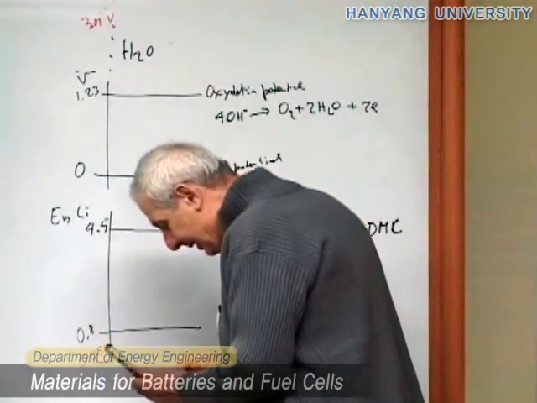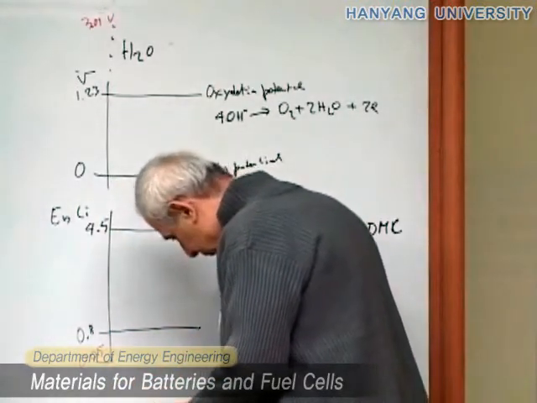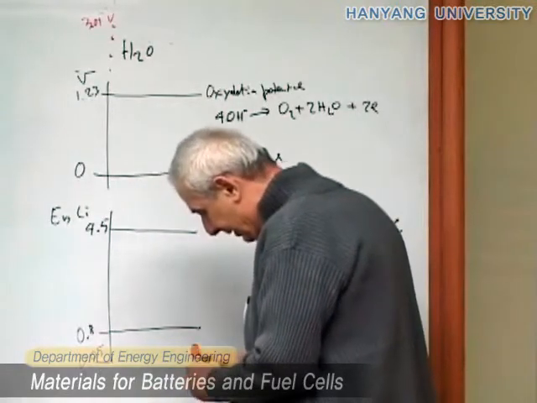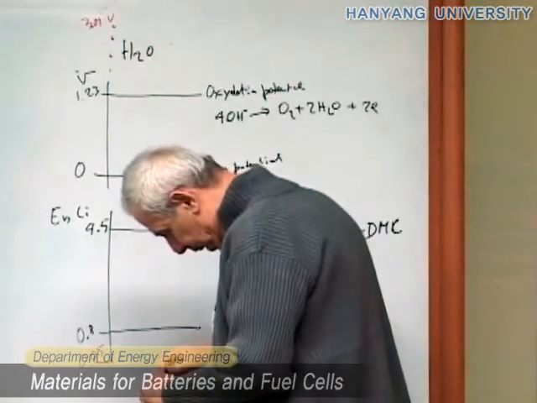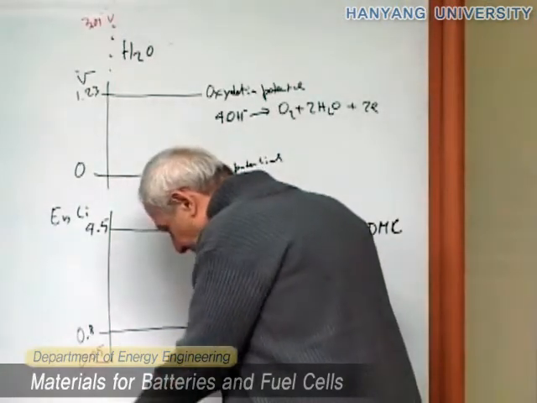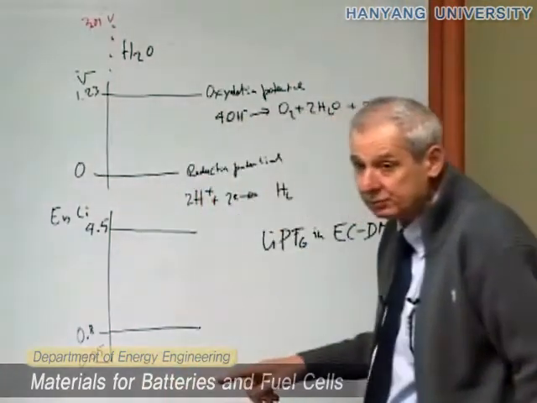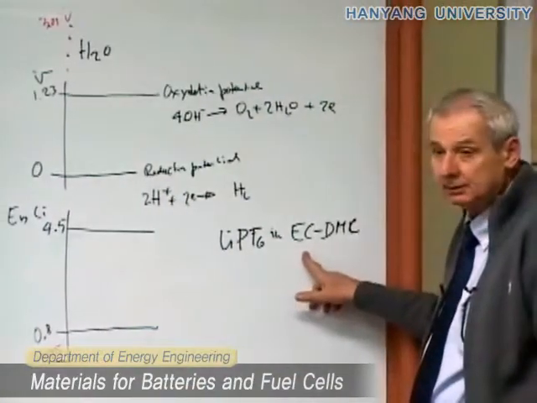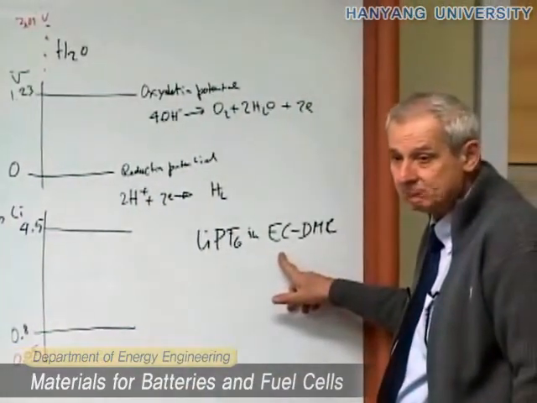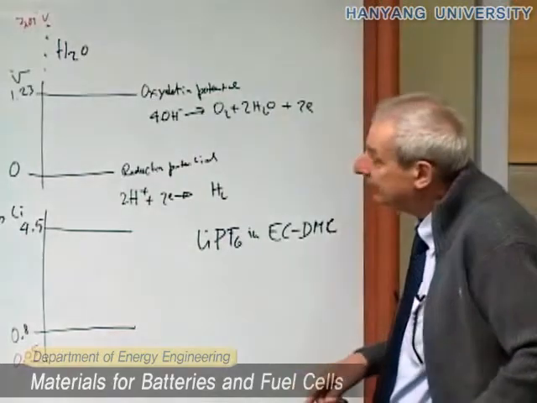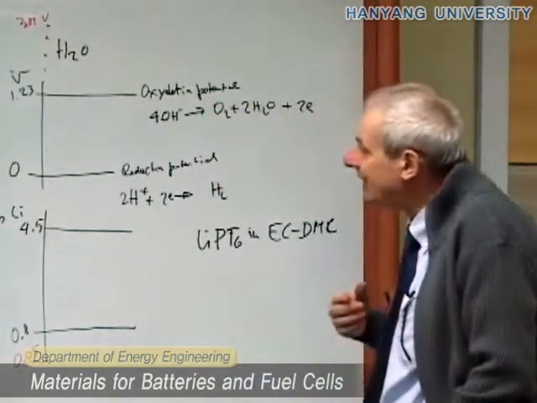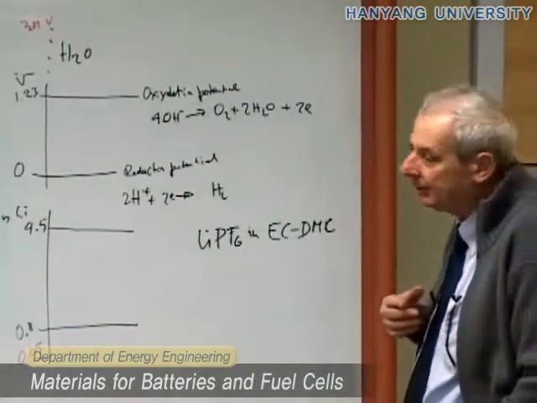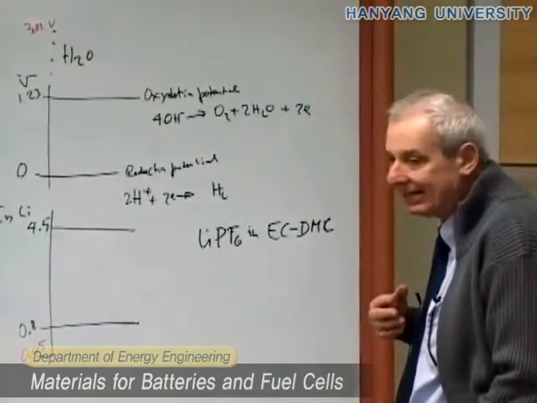So thermodynamically speaking, graphite cannot be used with this electrolyte. Okay? But even if there is a thermodynamic instability, we can increase stability kinetically.